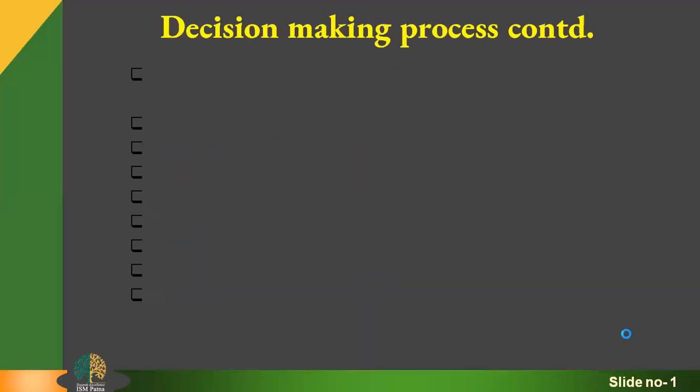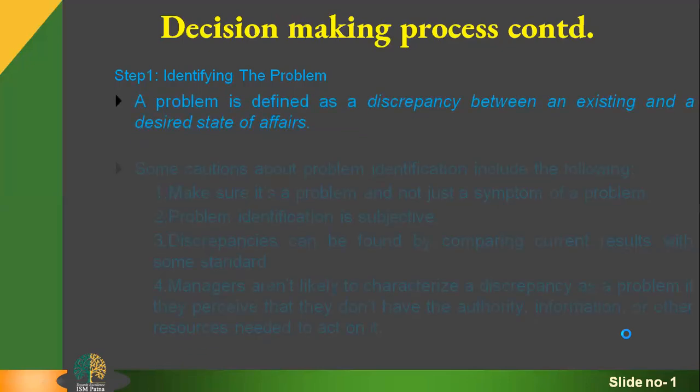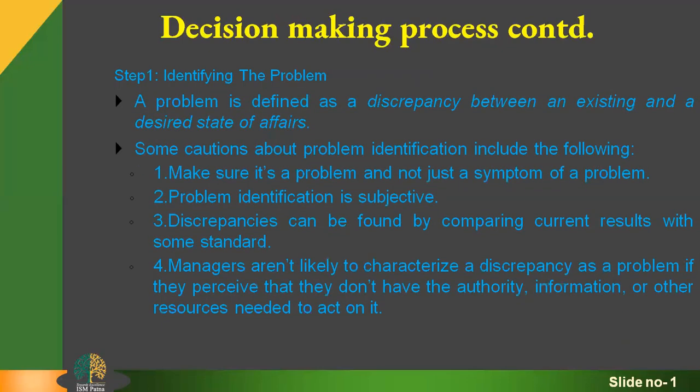And now let us see the first step in detail. Step number 1. Now in step number 1, as you know, is identifying the problem. In a simple way, or in general terms, it looks like identifying a problem is a very easy task.